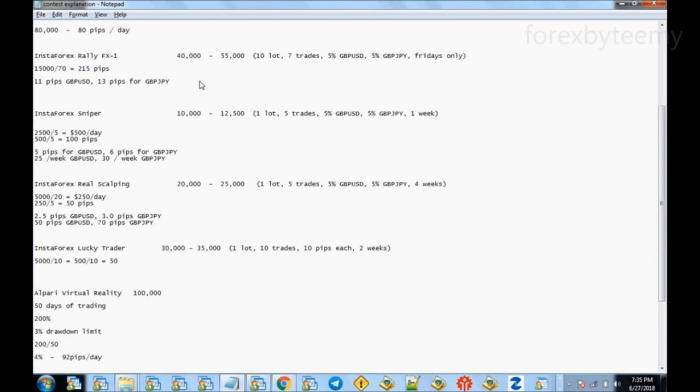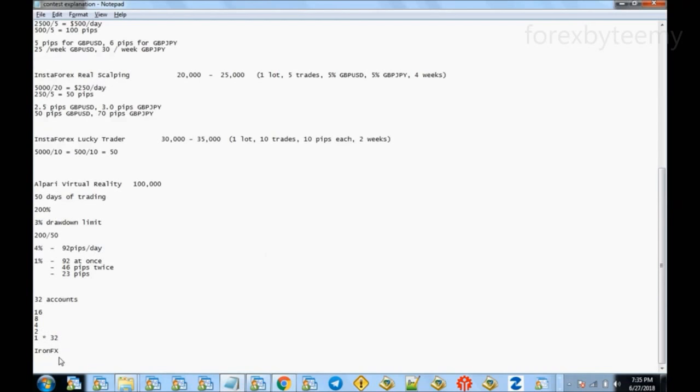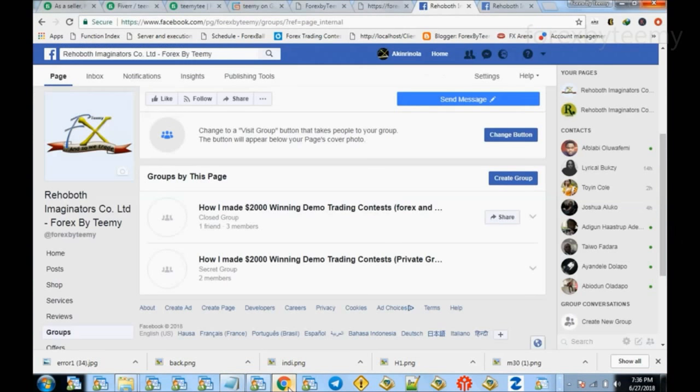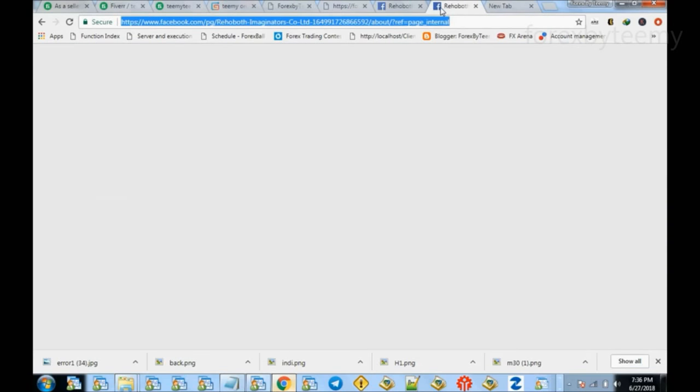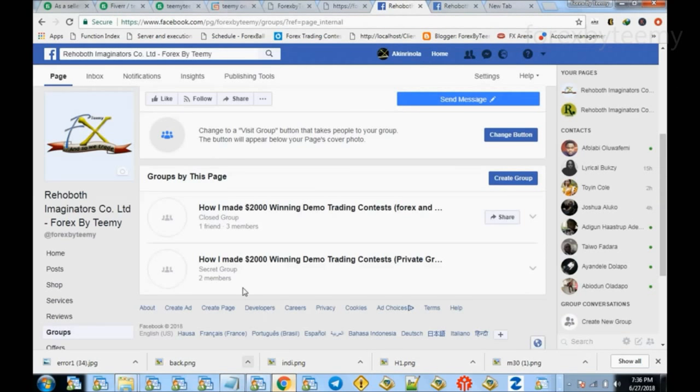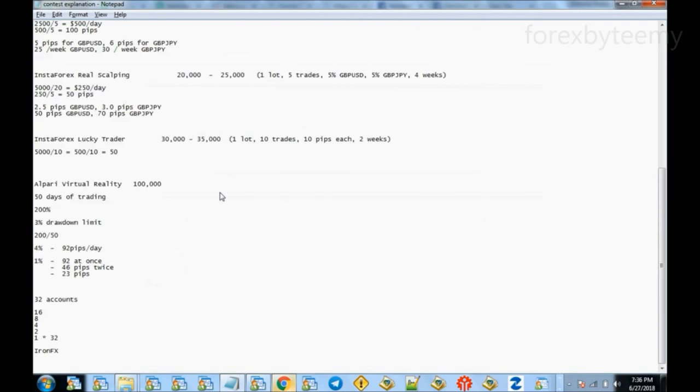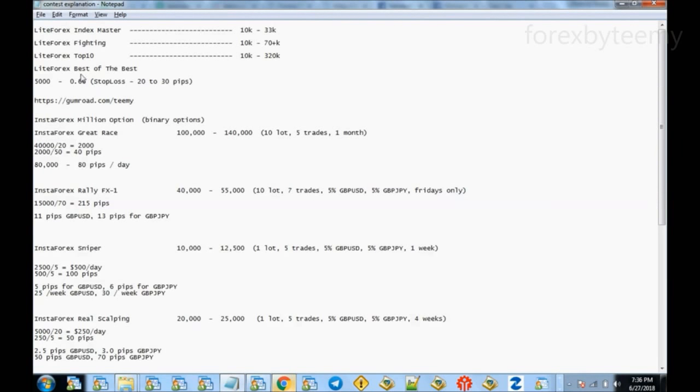Under Cashback Forex, the contests mostly use that same method of evaluating your risk. So something like this won't work on those kinds of broker contests.